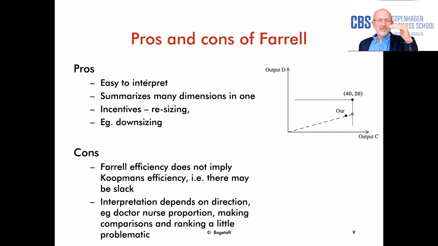If the principal has no clue about the relative importance of the input factors or the relative cost of the input factors, then the best he can do is actually to ask the agent to reduce proportionally. Because if he asks them to reduce more on input 1 than on input 2, he doesn't move towards the 0 point, but in a slightly different direction.